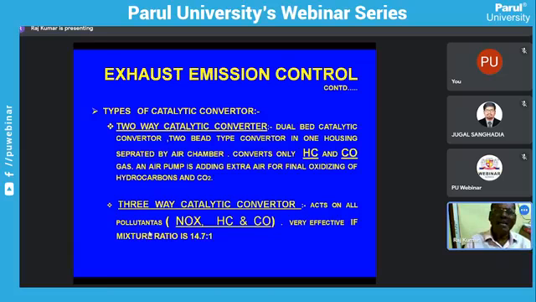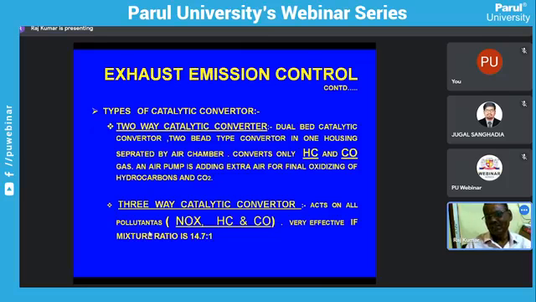So we have a catalytic converter. We have a two-way catalytic converter and we have a three-way catalytic converter. The difference between the two is that the two-way catalytic converter only caters for the hydrocarbon and carbon monoxide, and the three-way catalytic converter acts on nitrous oxide, hydrocarbon, and carbon monoxide.